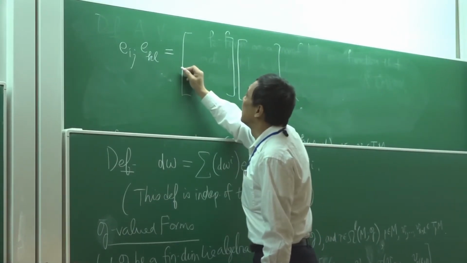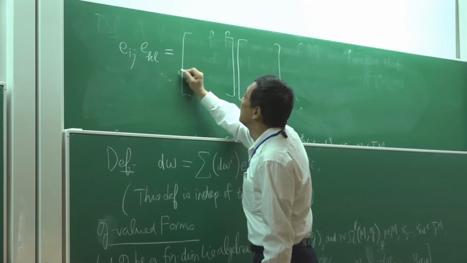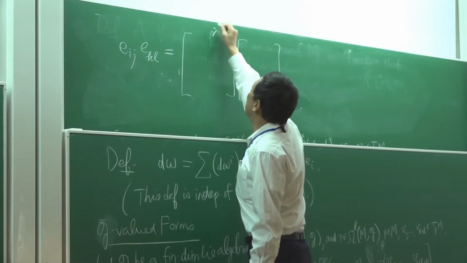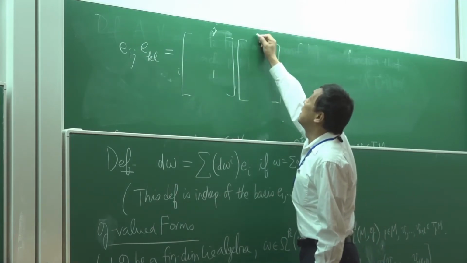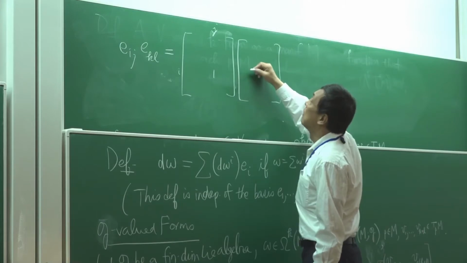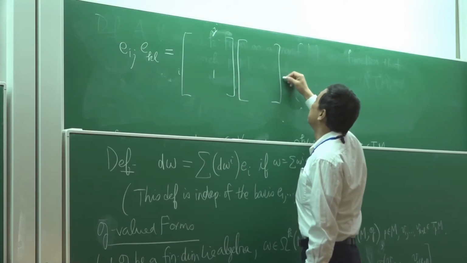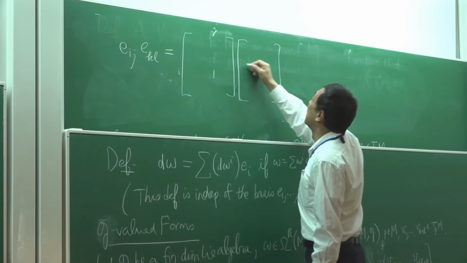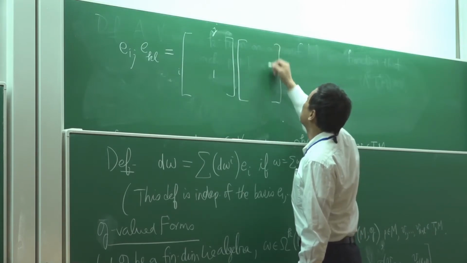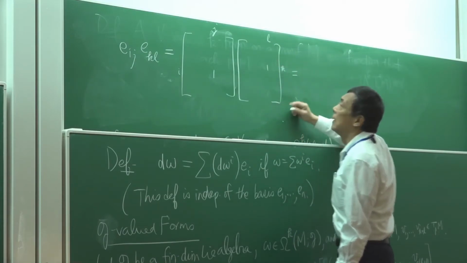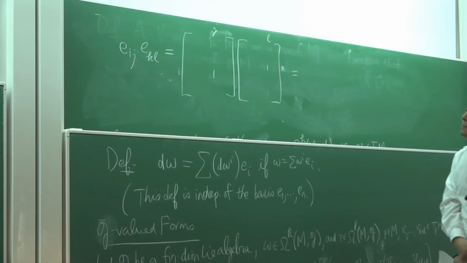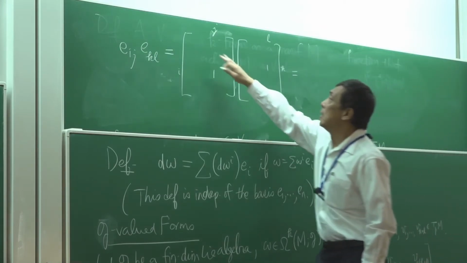E_ij has a 1 here, and E_kl has a 1 in position k, l.